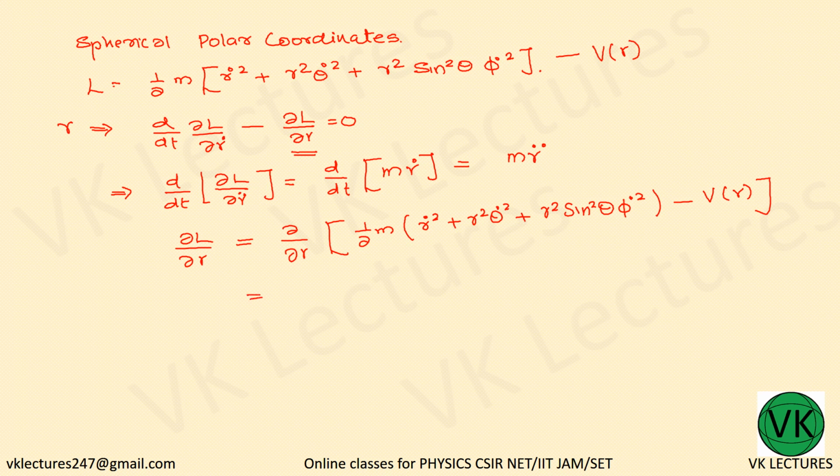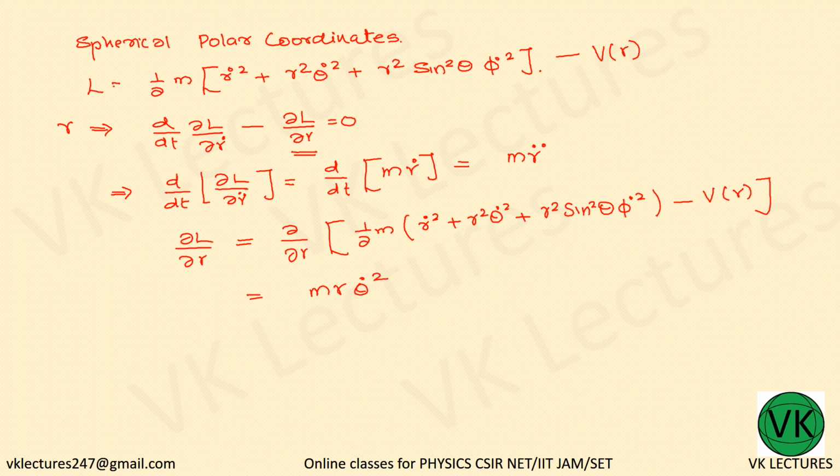The first term doesn't have r, so here we have r square, so 2r theta dot square, so m r theta dot squared.